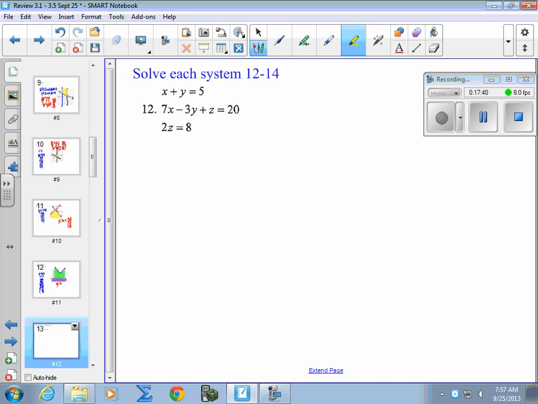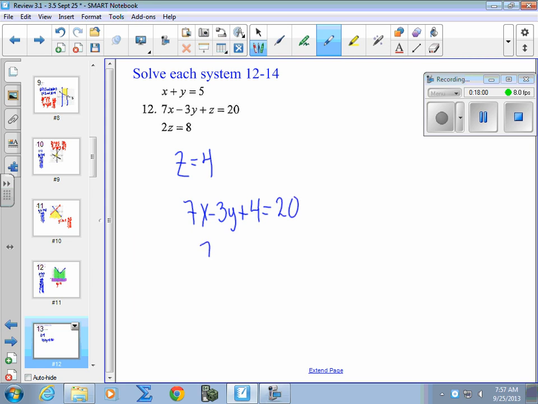The next problem, numbers 12 through 14, you're asked to solve these. The easiest thing to solve for here is z. z is equal to 4. Natalie's actually put this on the backboard. That would solve for z plus z for the second equation.